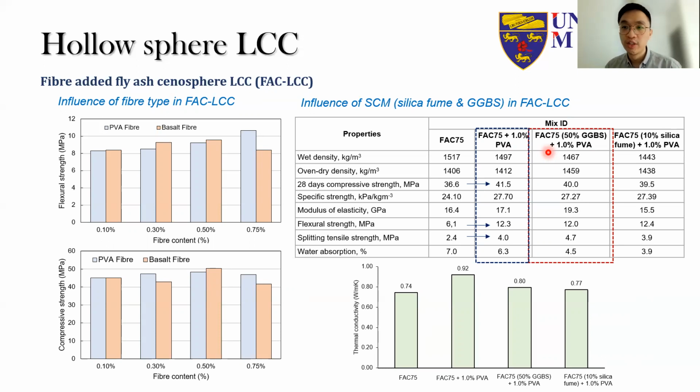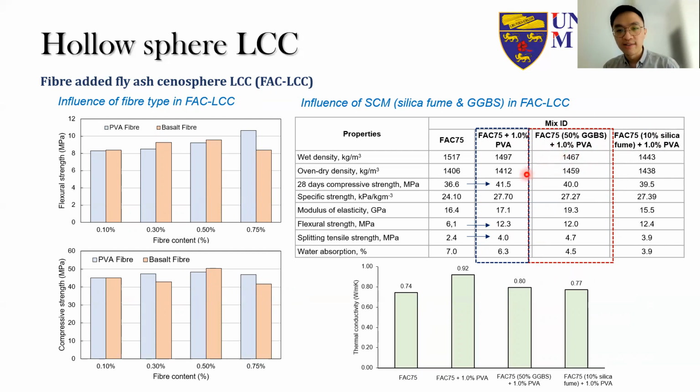We used 50% GGBS, and we also tried 10% silica fume. So I'll just highlight the results of the fly ash cenosphere where the cement is replaced with 50% GGBS, and this also has the 1% PVA fibers.